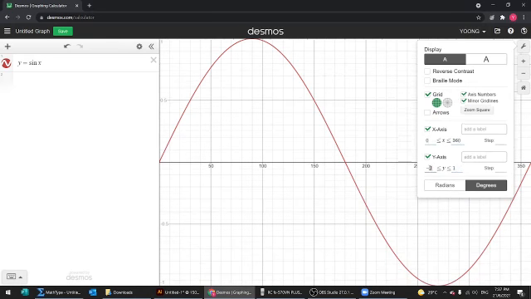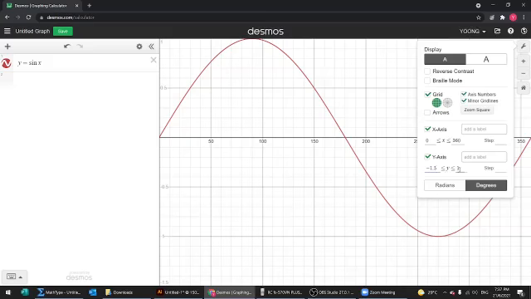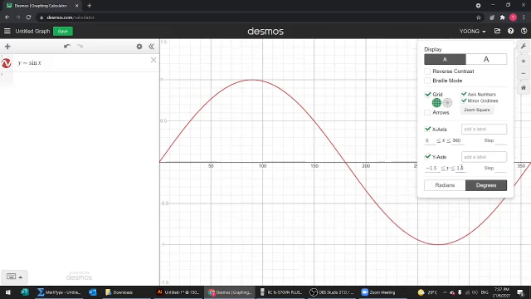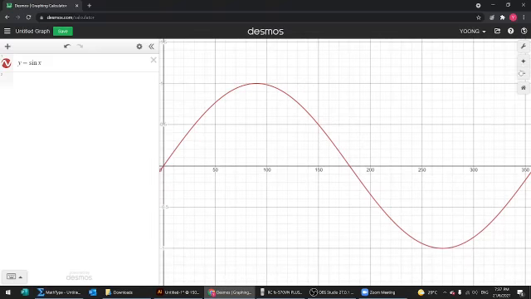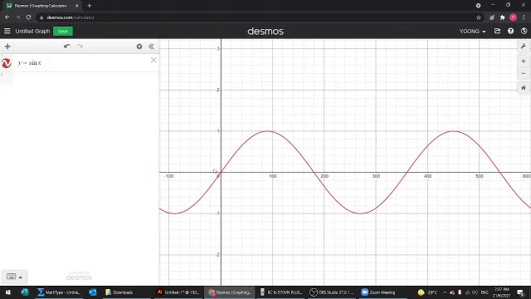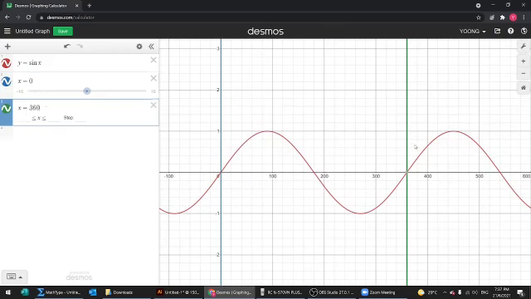I'm looking at x equals 0 until x equals 360, these two regions only. The rest I don't want.